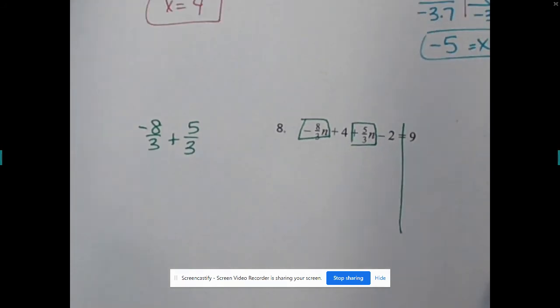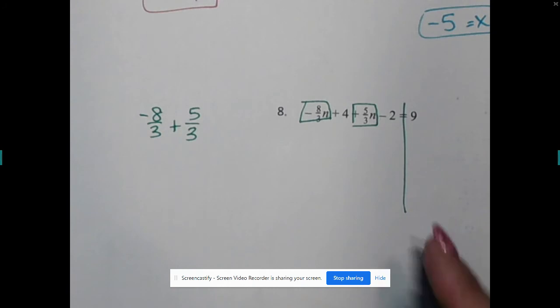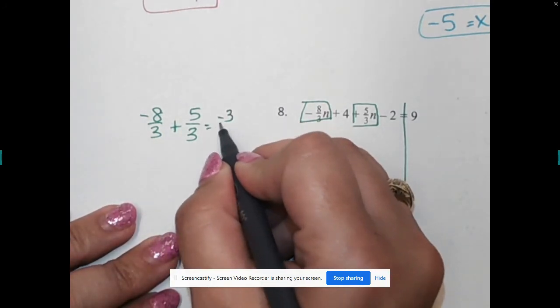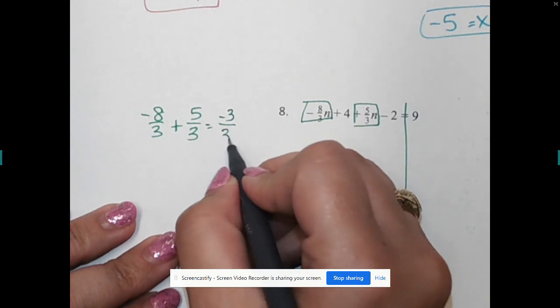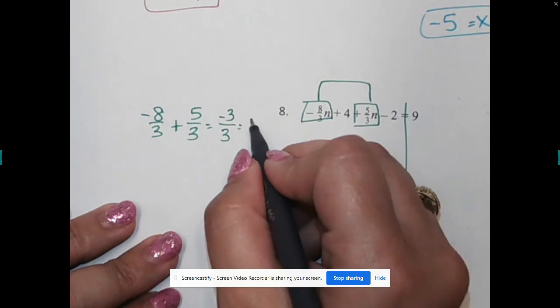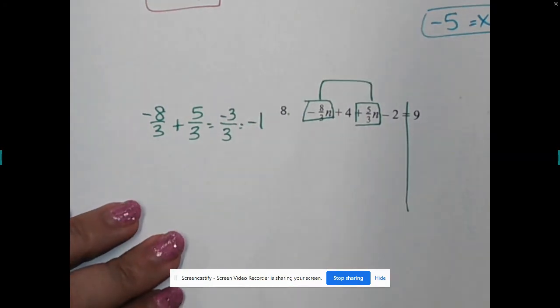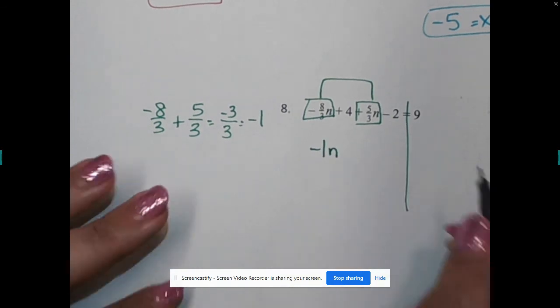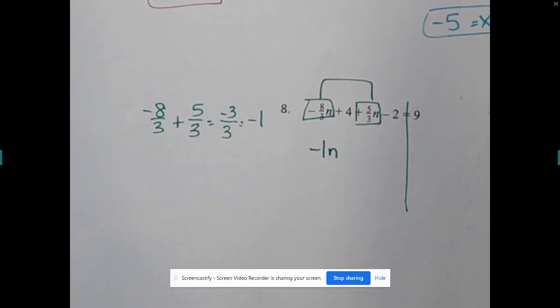If you need to use your calculator, go ahead. Negative 3 over what? Which equals what? Negative 1. Yep. So that combines to equal negative 1n. Again, you don't have to put that 1 in front. If you do, it's not wrong.